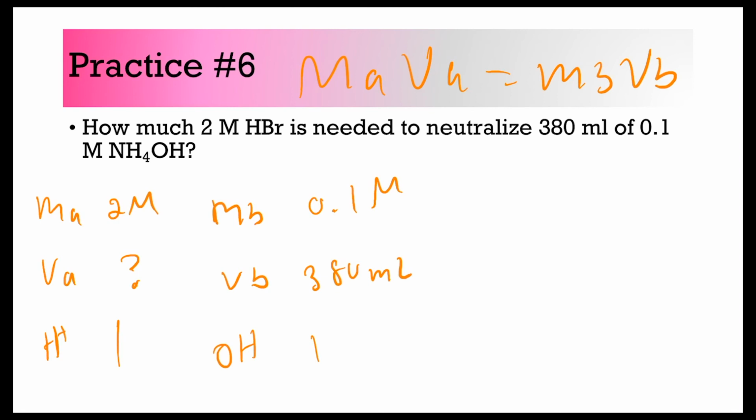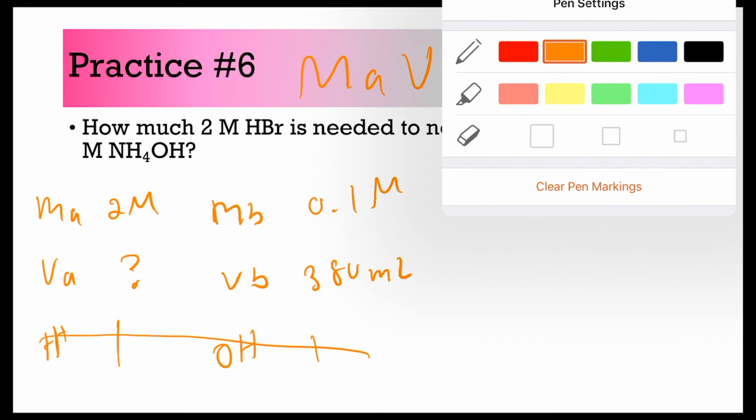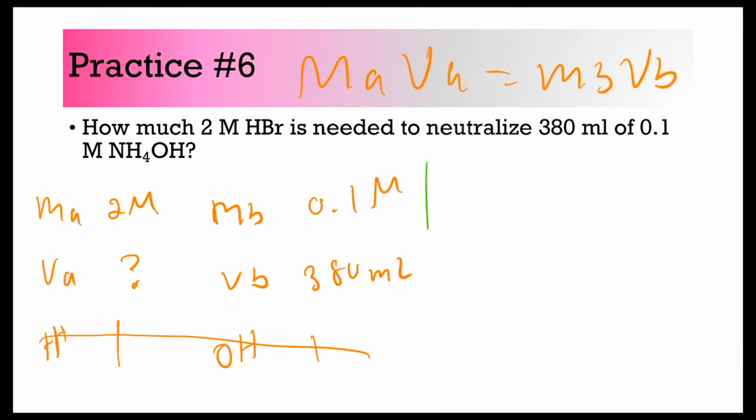That gives off 1 OH. So we can just kind of ignore that. So when we plug in, we get 2 times Va gives us 0.1 times 380.